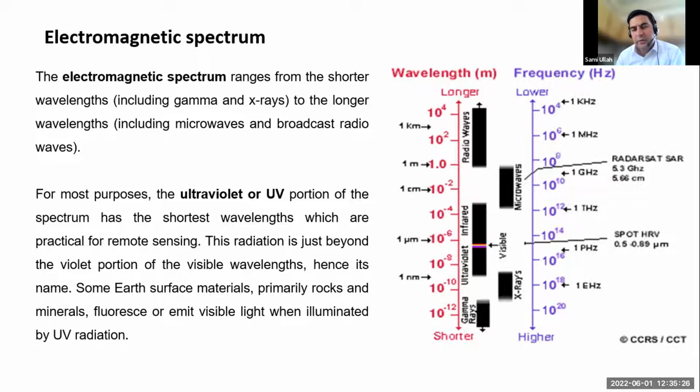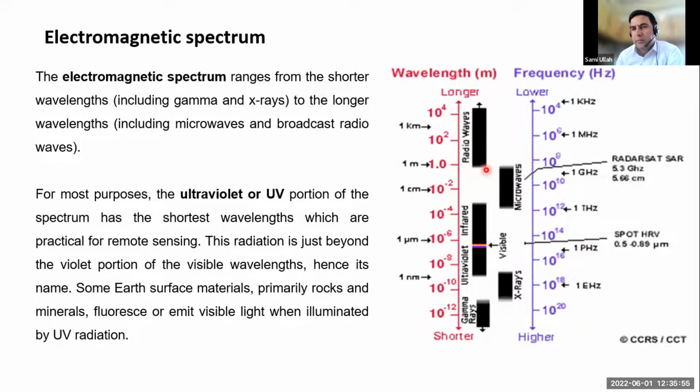So are these radiations also available for remote sensing? In remote sensing, the majority of the radiation available to us starts from the ultraviolet, and then visible, infrared, and microwave radiation, because these radiations are coming to the earth. The ultraviolet has some specifics, we'll discuss later on.